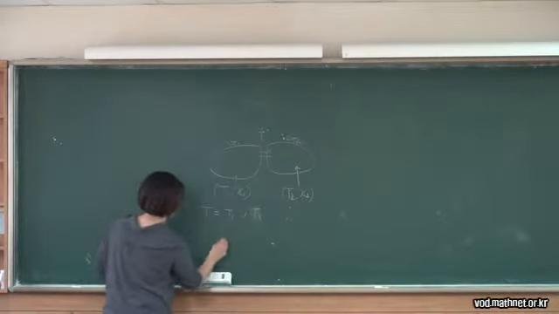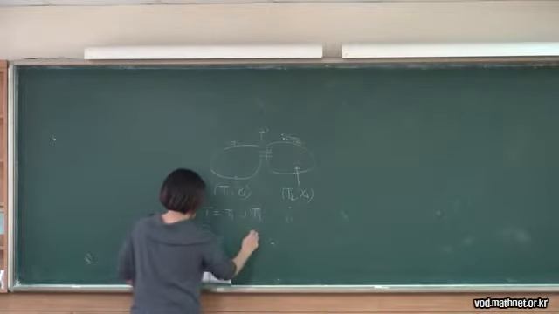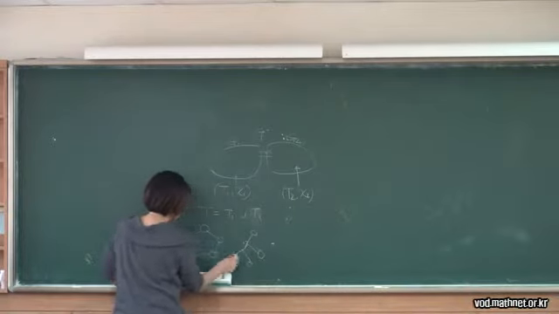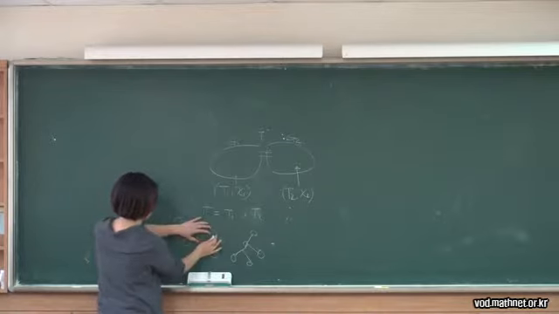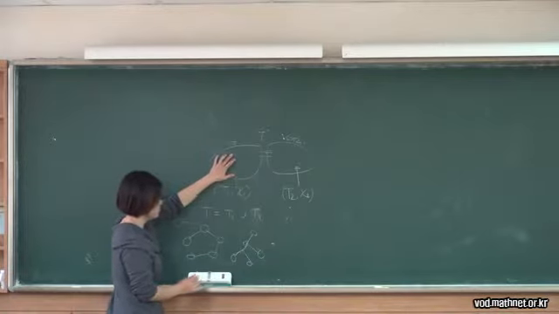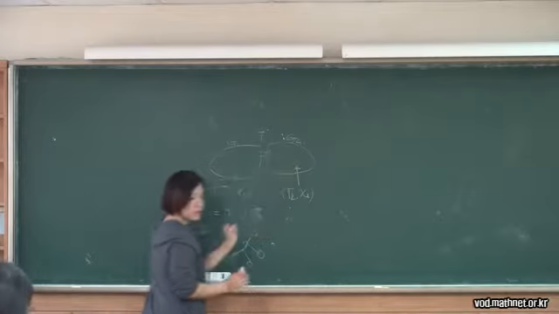Okay, so let's say T1 is like this and T2 is like this, and chi1 forms a partition of V of G1, and chi2 forms a partition of V of G2.